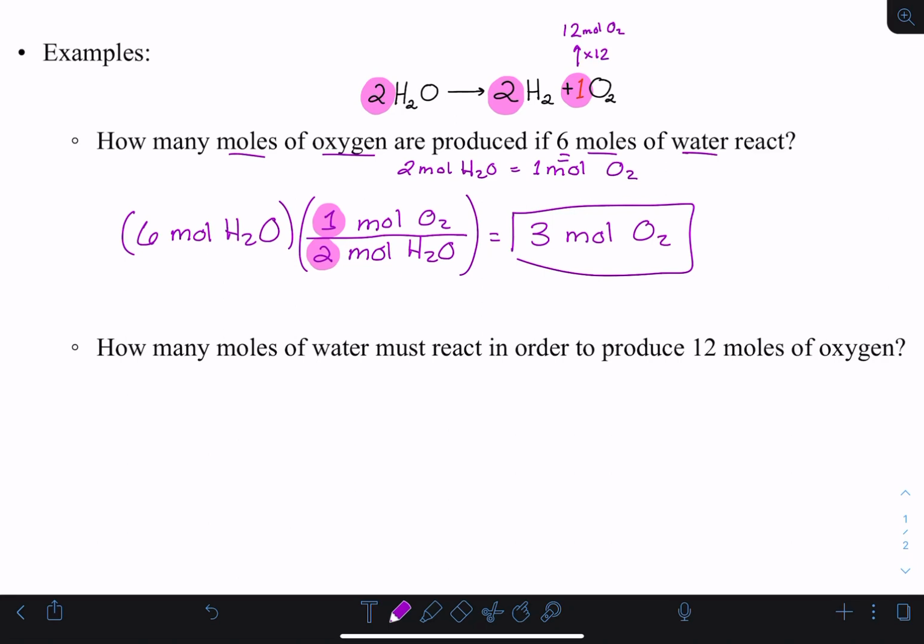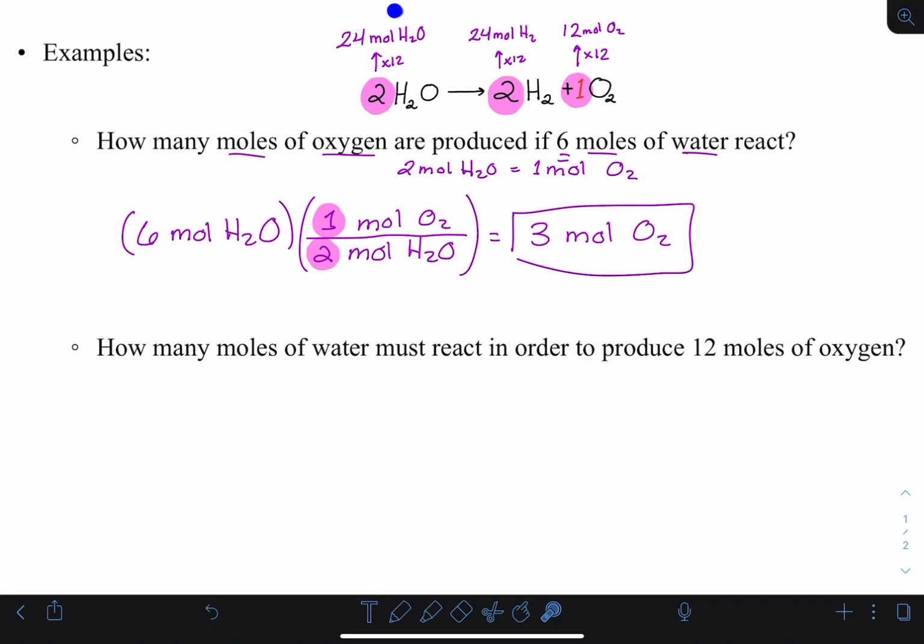So to get 12 moles of oxygen, we're going to need 12 times as much stuff. So if 12 moles of oxygen are produced, we would expect 24 moles of hydrogen to be produced. And in order to do that, we would have needed to consume 24 moles of H2O. So everything is being multiplied by the same factor. We're just scaling up our recipe, this time by a factor of 12.